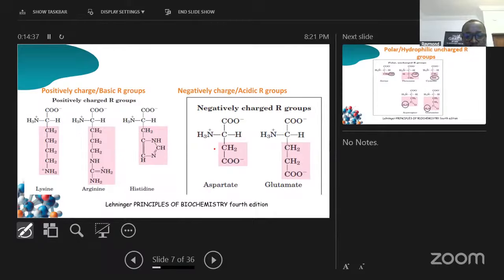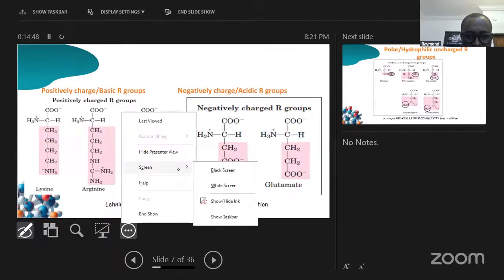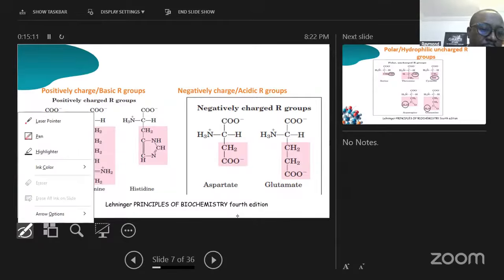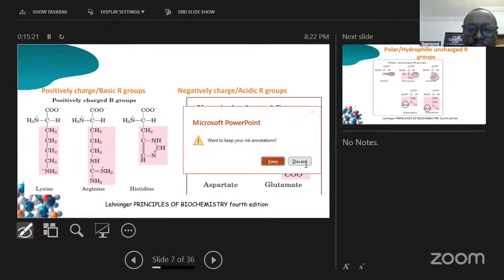Let me see if I can actually increase the size. Okay.